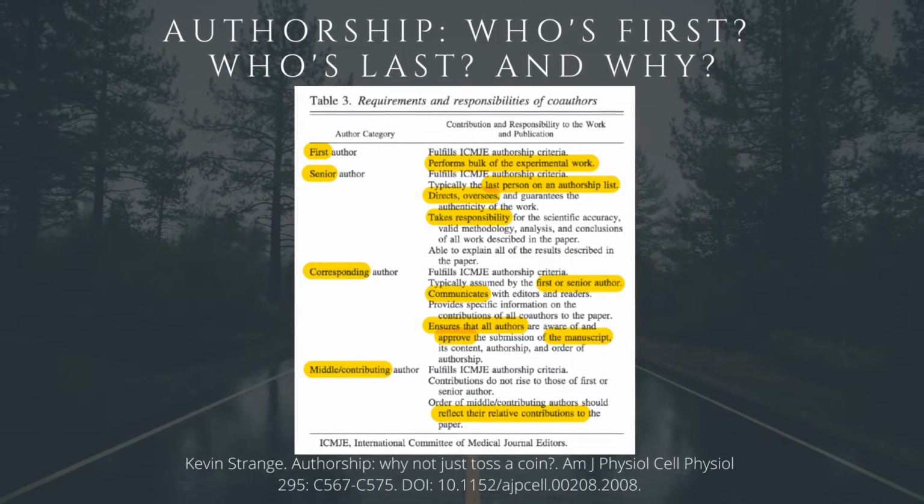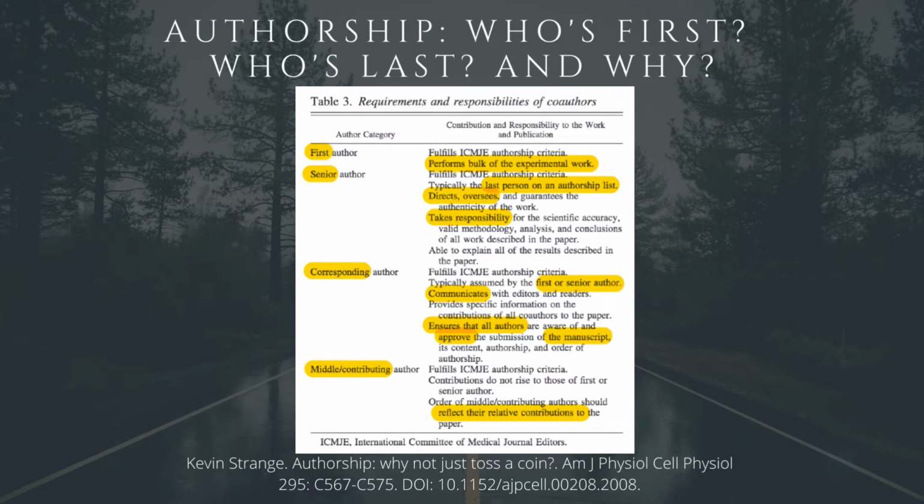The first author ideally performs the bulk of the experimental work. Meanwhile, the senior author typically is the last person in an authorship list, and he or she tends to direct, oversee, and guarantee the authenticity of the work. He takes full responsibility for the scientific accuracy.